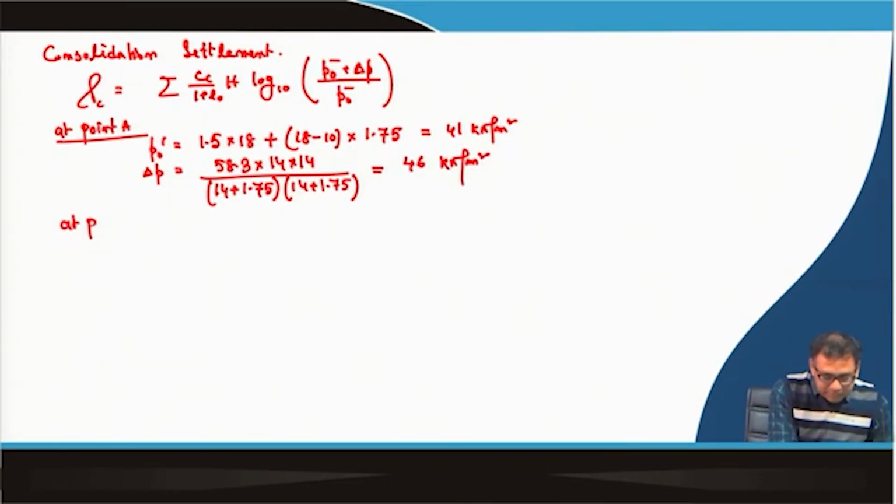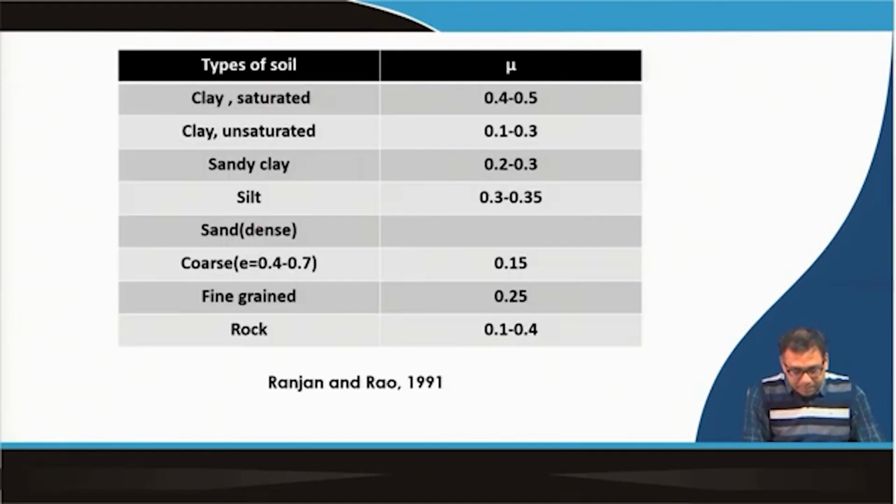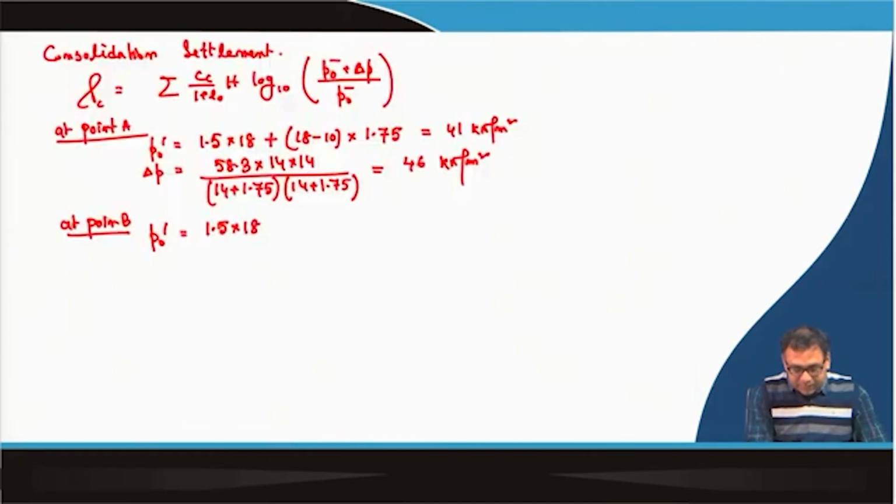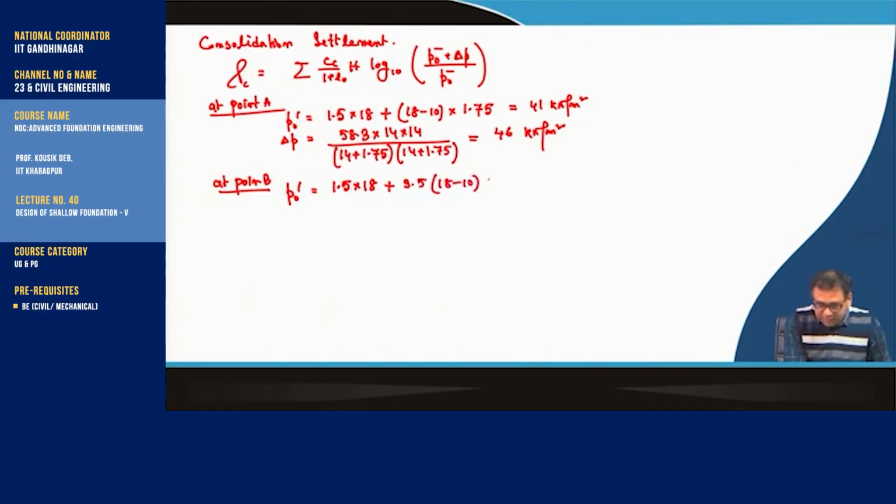Similarly, point B, P 0 bar is again 1.5 into 18, then 3.5 into 8, then 6.5 into 9. Okay? Then plus 3.5 into 18 minus 10 plus 19 minus 10 into 6.5.